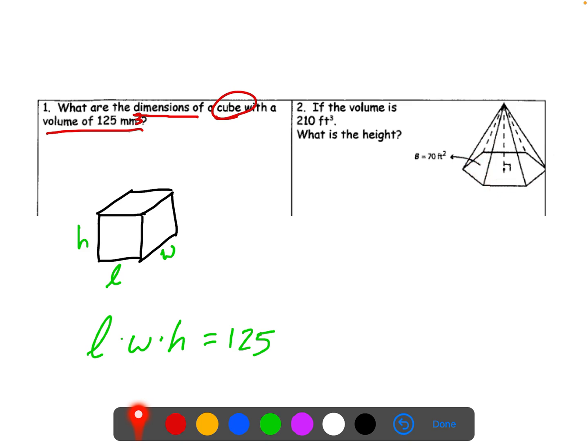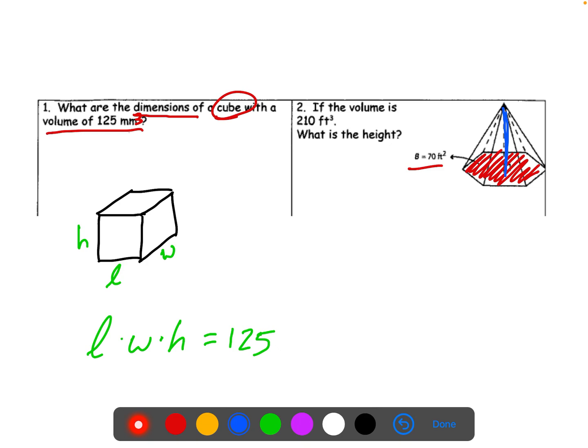So our base in this case is a hexagon, and it tells us the area of that base is 70 square feet. So our hexagon here has an area of 70 square feet. We're trying to determine what that height is.